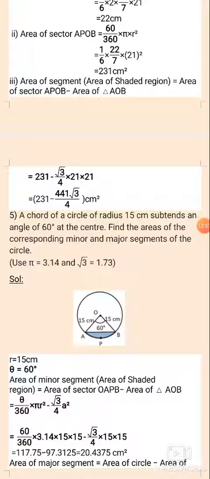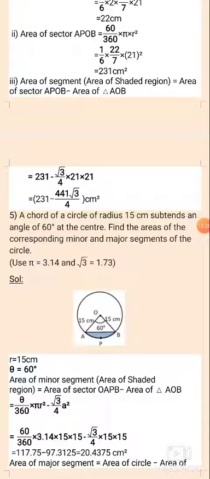Now the first one, area of the minor segment is equal to area of the minor sector minus area of the triangle AOB. That is theta by 360 into pi r square minus root 3 by 4 a square. That is 60 by 360 into pi value 3.14 into 15 into 15, which is the radius, minus root 3 by 4 into a square, which is 15 into 15.